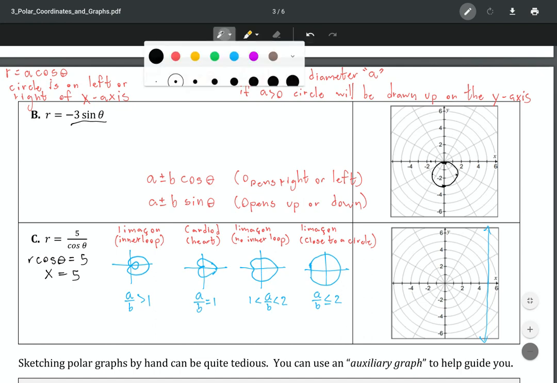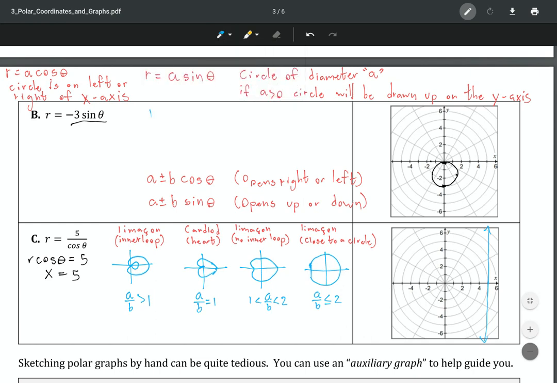I'll do more of what it's asking me to do, but let me just show you another example. If you happen to have, say, r equals 4 cosine of theta, then cosine is going to put your circle on the right or on the left. Because I put 4, that would be the diameter of that circle, and it would look something like this.